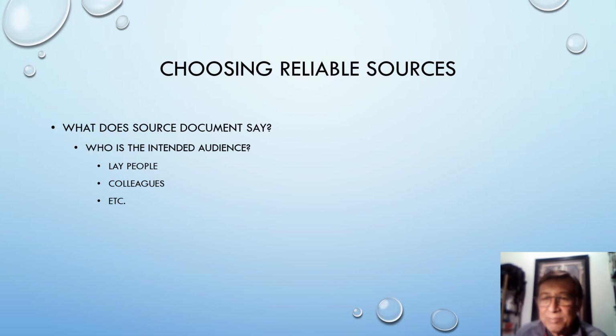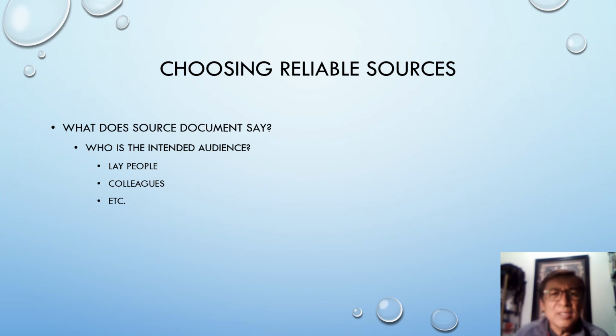In other words, maybe these doctors are studying viruses and they're writing for other doctors. You can tell that because they'll be throwing in a lot of terminology and phrases that we won't necessarily understand unless we've studied the field, right? So this is another way of indicating how reliable the source is. We have to look at who the intended audience is.